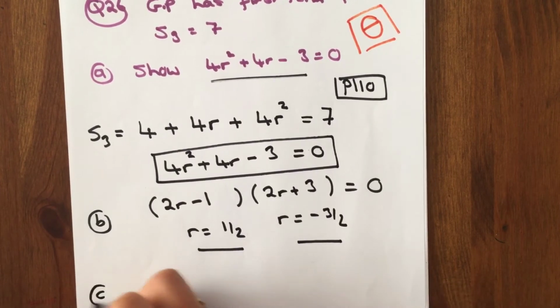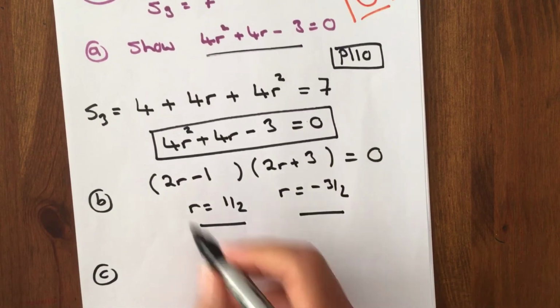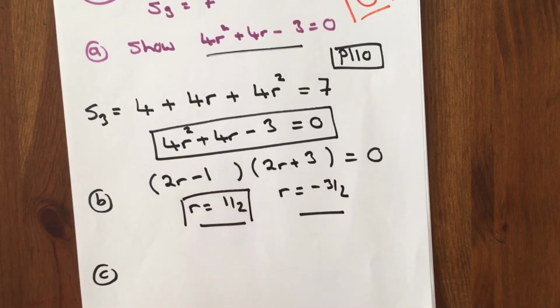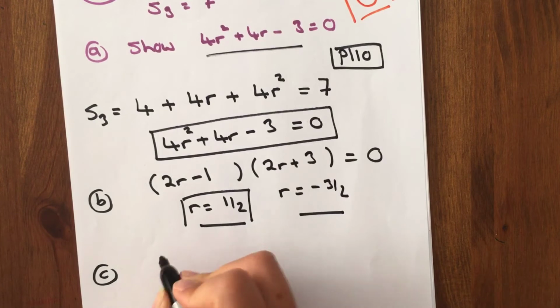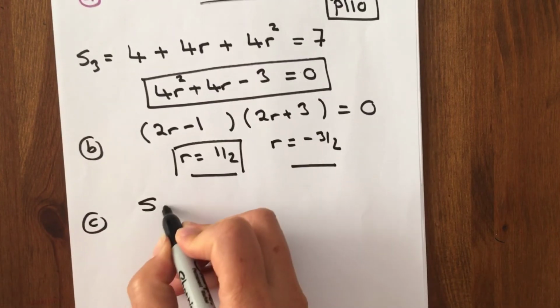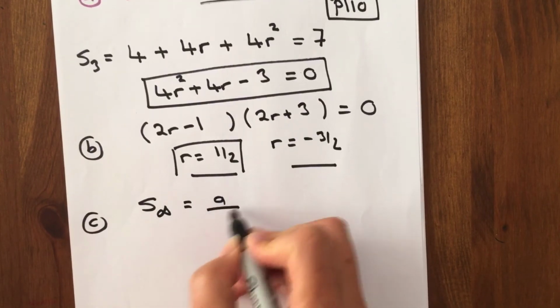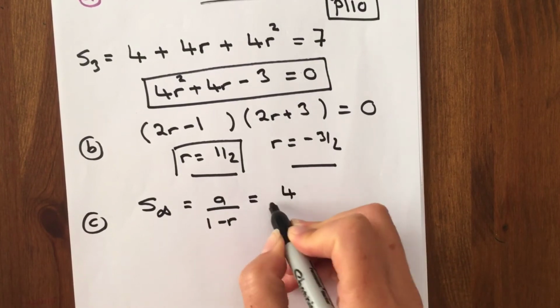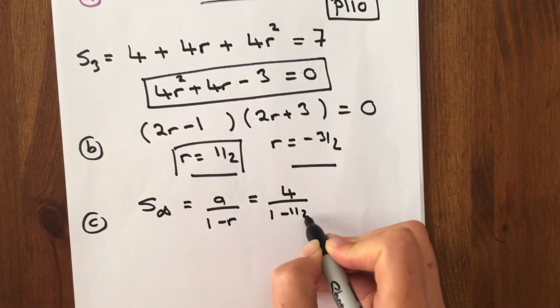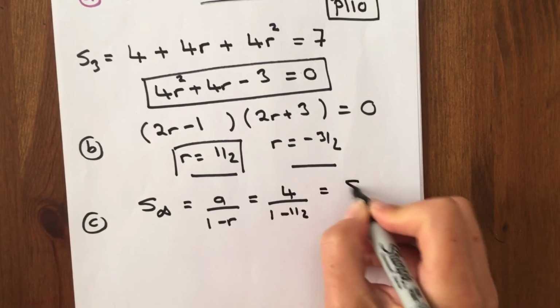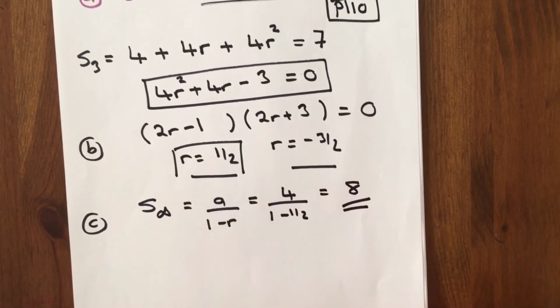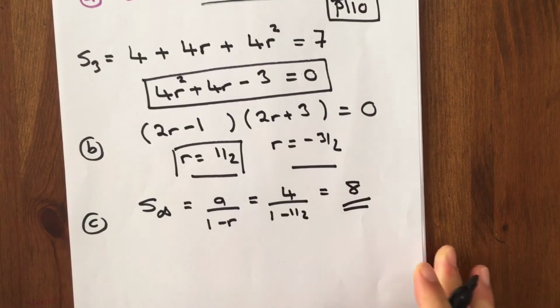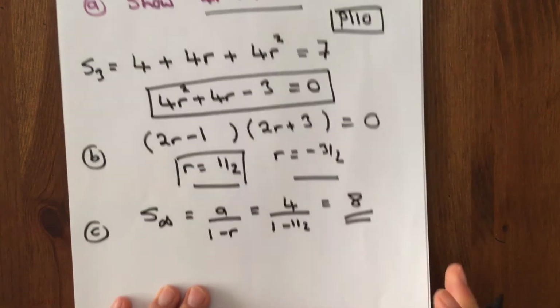Right, part C, you're told r is positive, so we're going to use this one here. And it says find the sum to infinity. Well, this is the formula for the sum to infinity. So you've got your first term, 4, over 1 minus a half. So you have 8. So that's that question. Not too hard, but a nice one to go through.